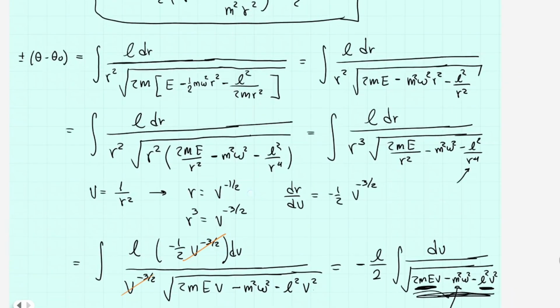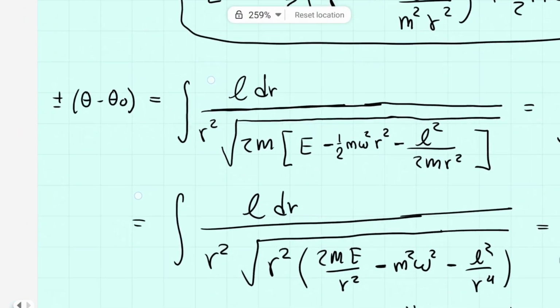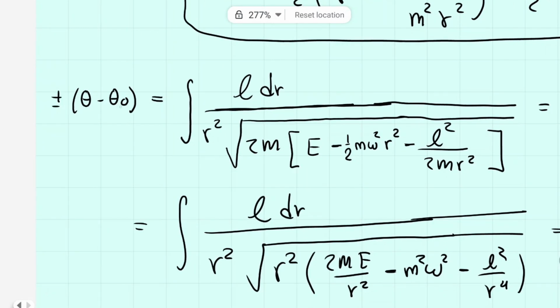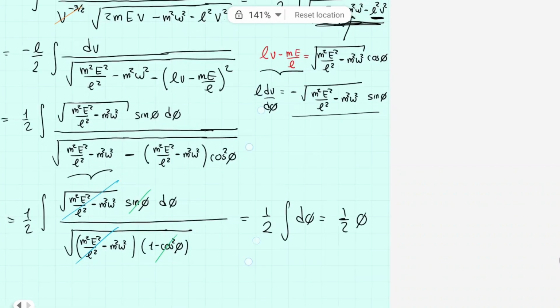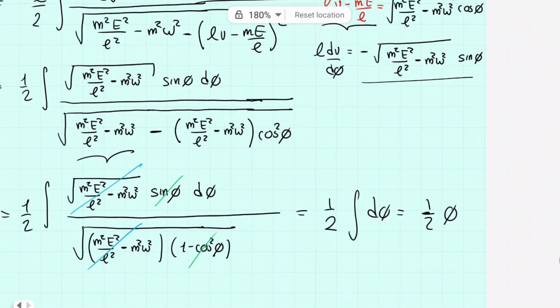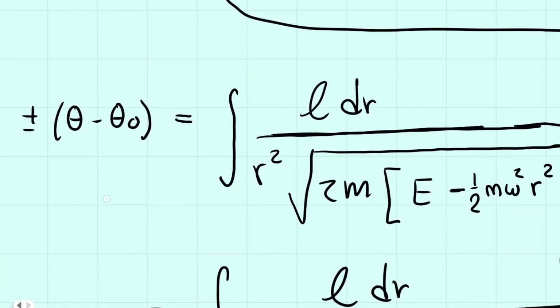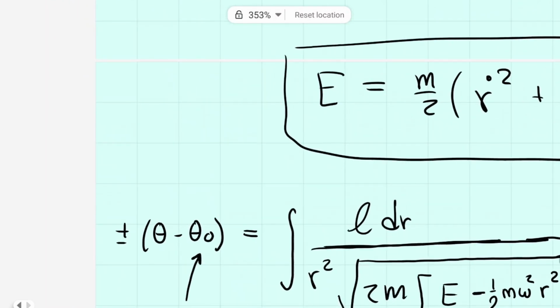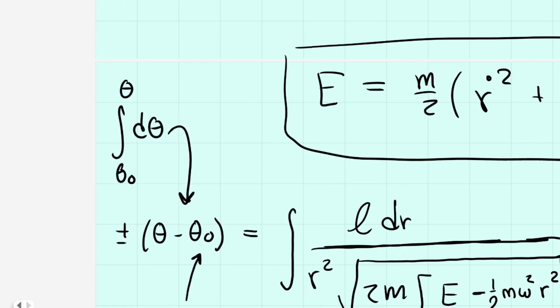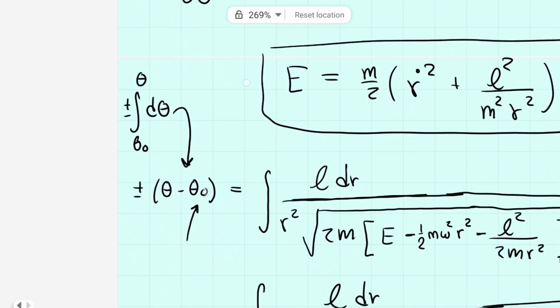Okay, but remember that this was equal to plus minus theta 0. You may be wondering why I didn't add any integration constant here. It is because the integration constant is already theta 0. That was taken from an integral that is like this, theta 0 to theta of d theta. This is the origin of this expression here, plus minus.